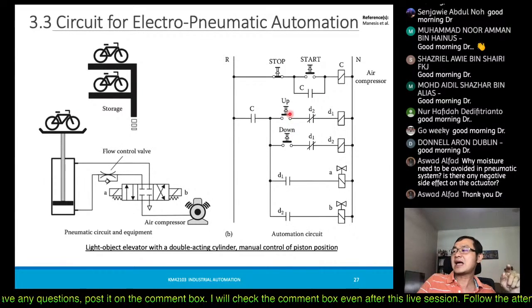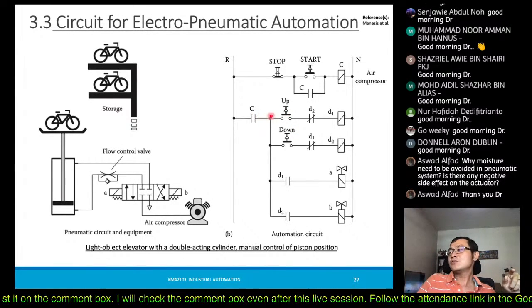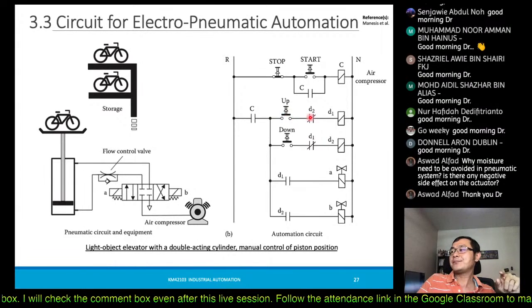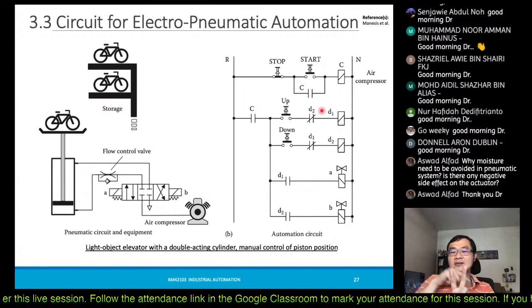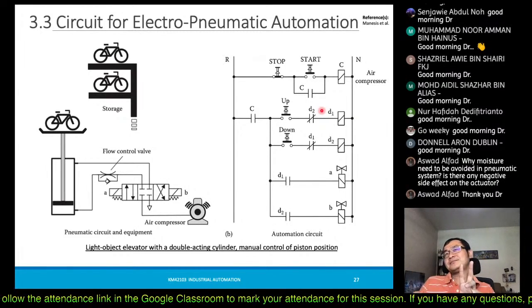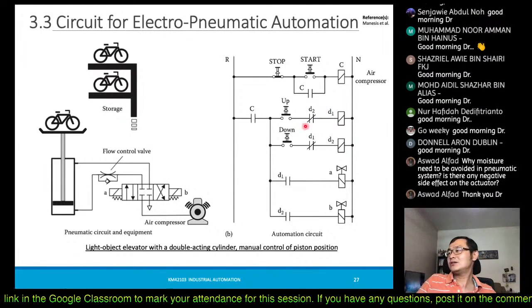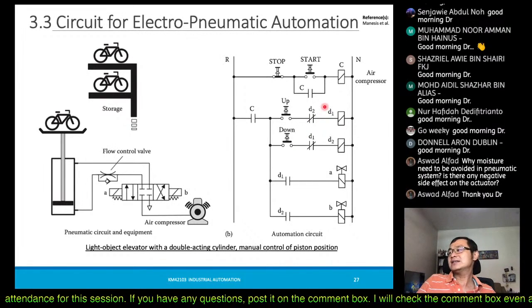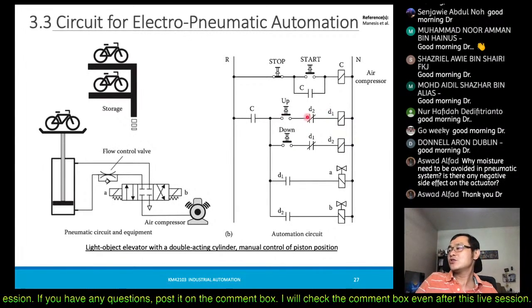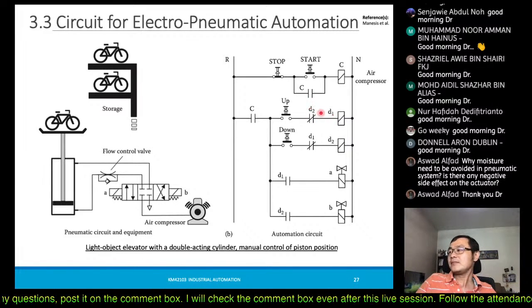If you press up, it allows it to go up, and you can see that this is normally closed. Two lines with a line in between them is the symbol for normally closed. So it will normally be closed.